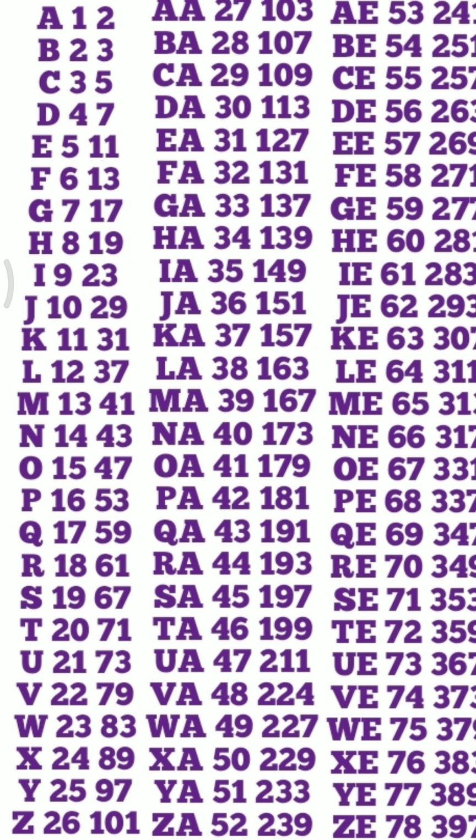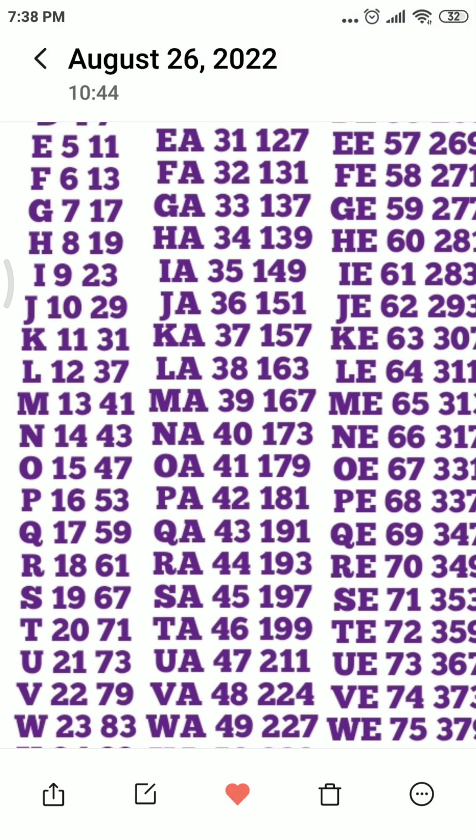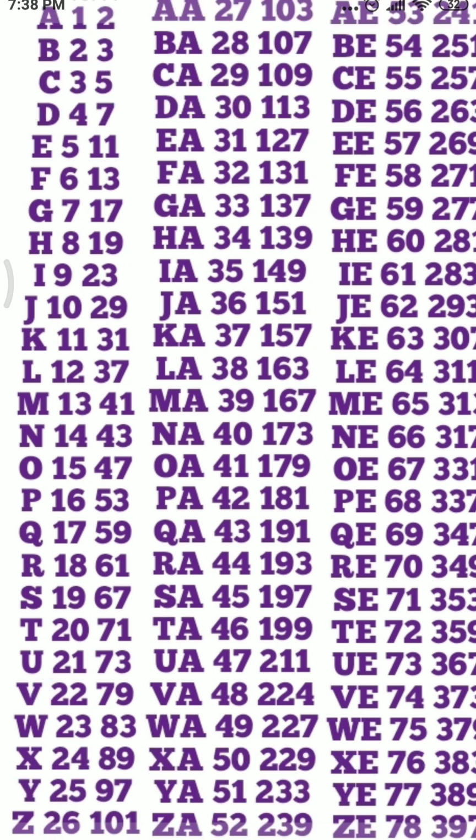If you use the same logic here, 26 is a father, 22 is a mother, 24 is a son. So this is the Gnostic Christ, and of course H is the pagan Christ. So that is the basic difference.